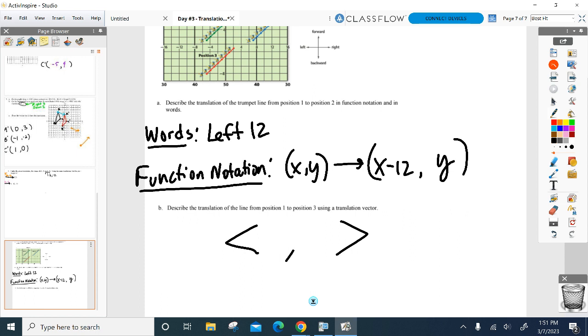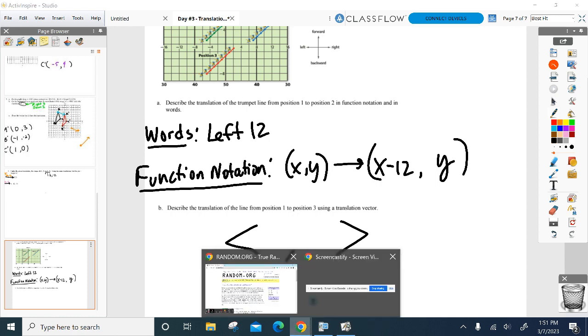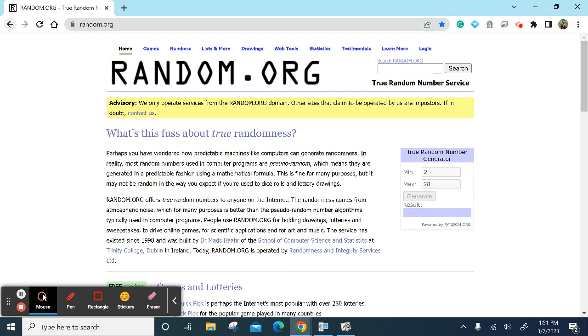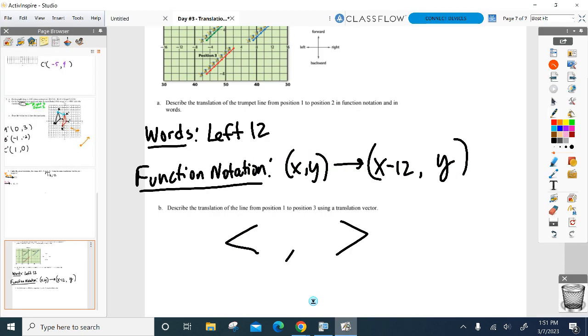Remember, you're going by 2s. All right, think we got it? Finish this on a good note. 1 to 3. Negative 12, left 12, because that's how we got over to position 2. And then I had to go down how many? Down 9, so minus 9.